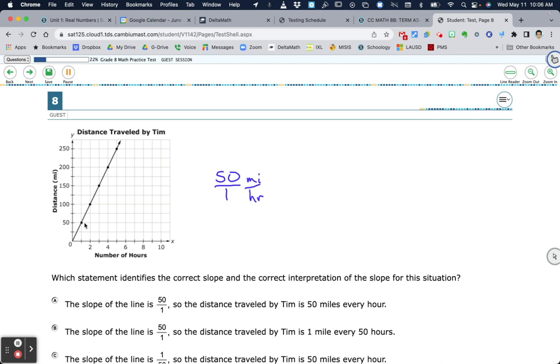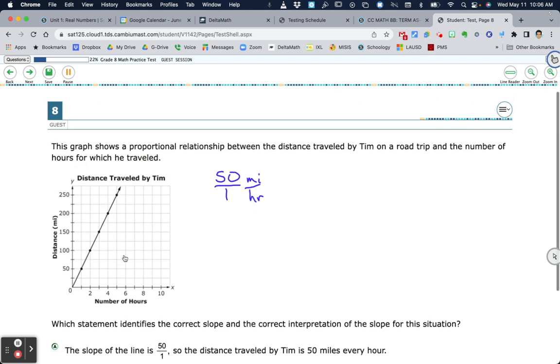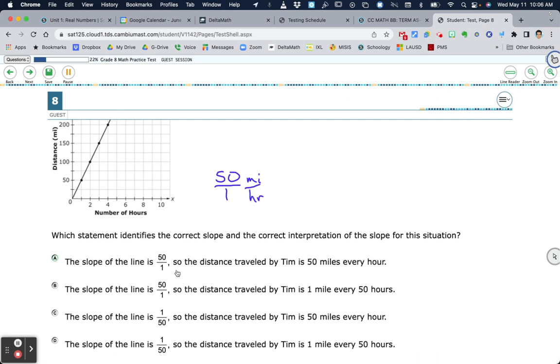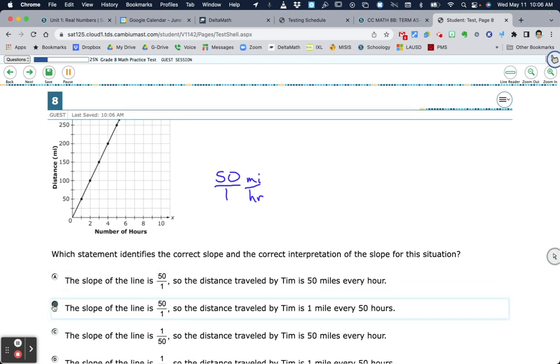It's either A or B. Is it the first one, A, where they say 50 miles every hour, or is it the next one where it says 1 mile every 50 hours? Do they ask us to pick all that are correct or just the best choice? So should it be A or B? I think A. Yeah, because we can't pick both, right? Nope. I think this one is the best choice.